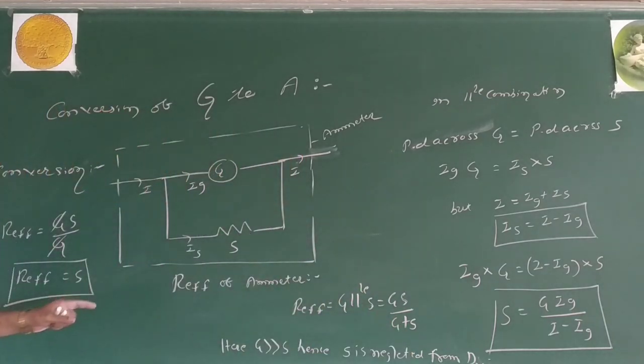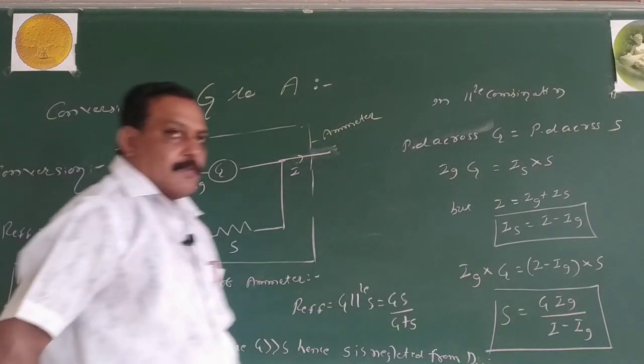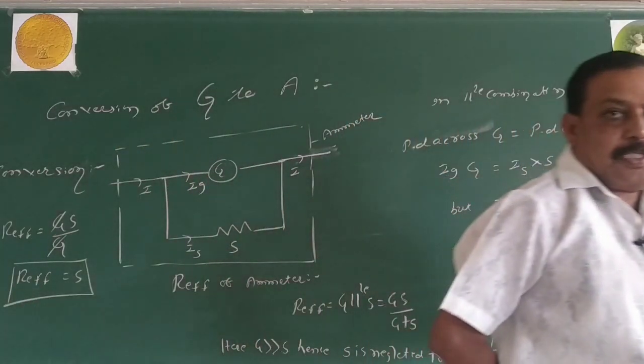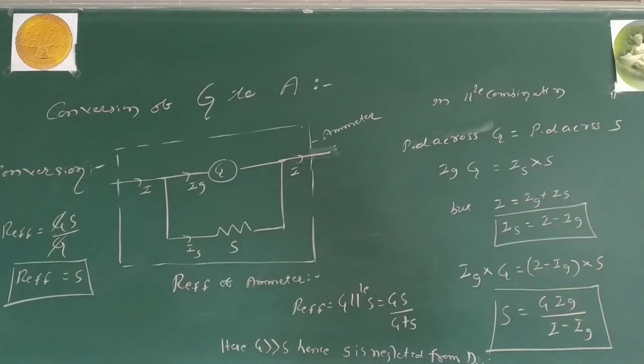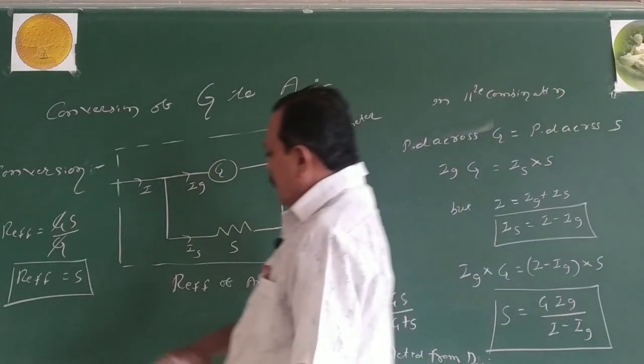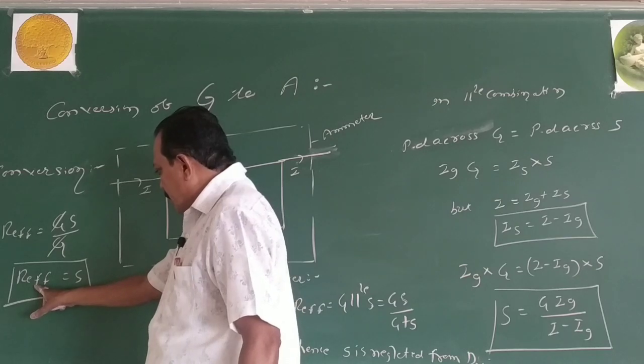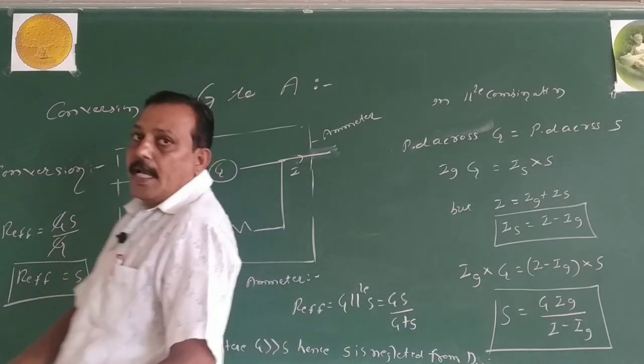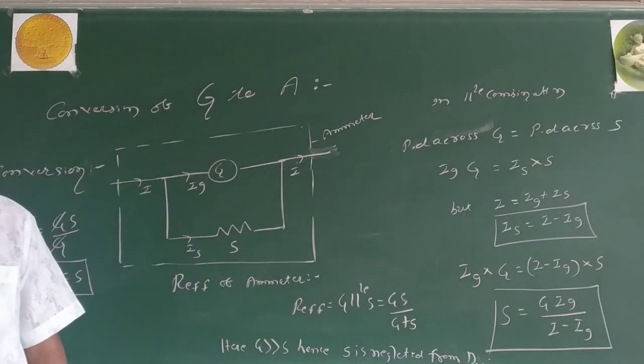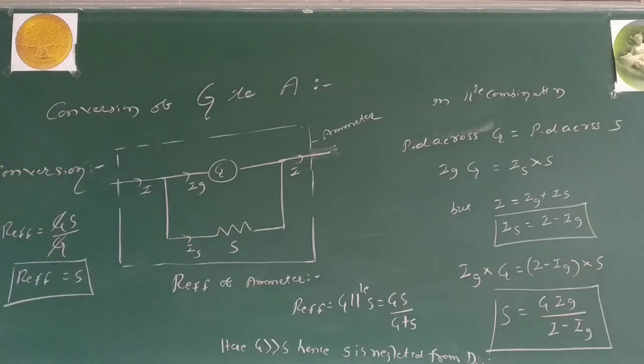So S is neglected, G cancels. R effective is S. Is S a low resistance or a high resistance? Low resistance. The effective resistance of the ammeter is low. Hence the ammeter is a low resistance device. What does this equation tell? The ammeter is a low resistance device.